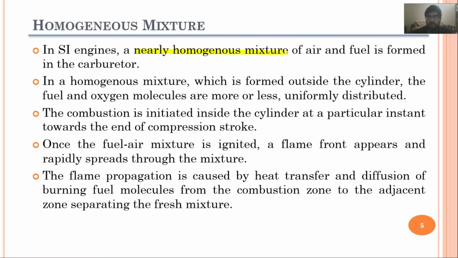In a homogeneous mixture, which is formed outside the cylinder, in SI engines, the fuel and the oxygen molecules are more or less uniformly distributed. But there are some disadvantages of the carburetor, which I explained in the last lecture of the mechanical injection system topic.